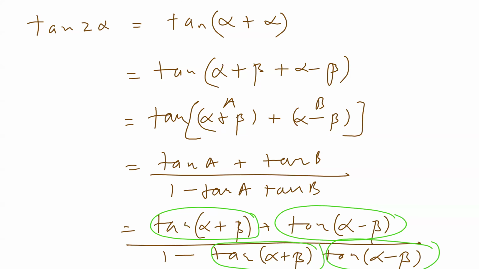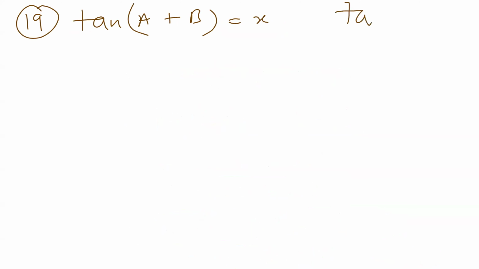Solving question number 19 right now. Question number 19. They have given tan A plus B is equal to X, and they also have given tan B is equal to half. Okay.